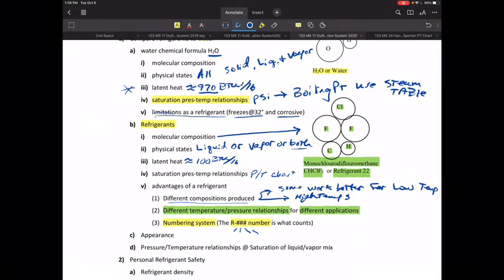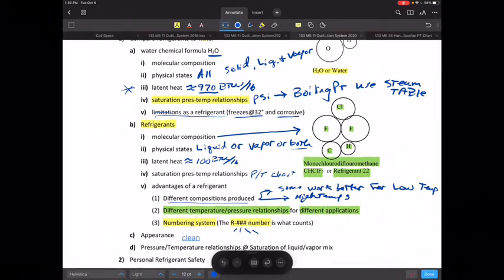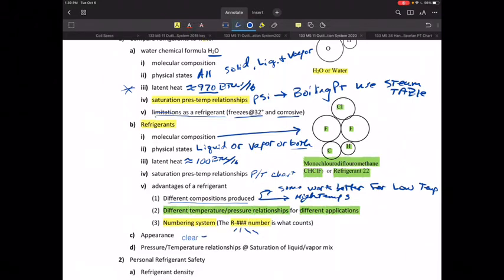All right, let's talk about the appearance of these refrigerants. Generally, most refrigerants are very clear, and I would say very similar to water.